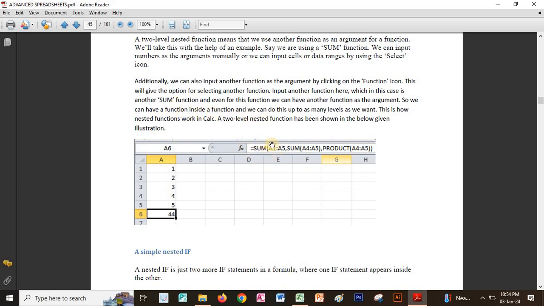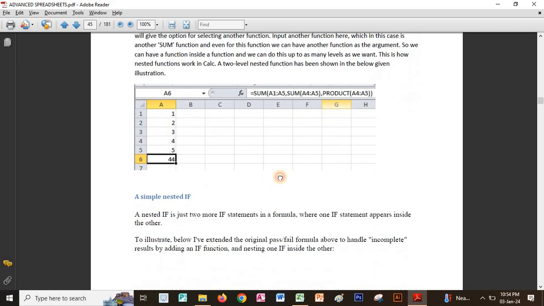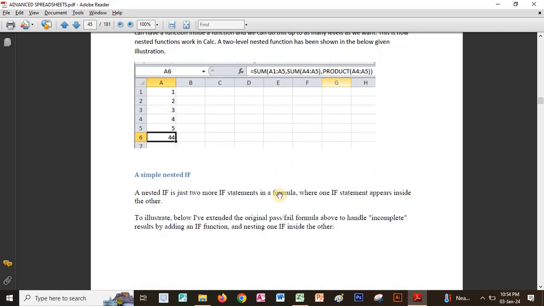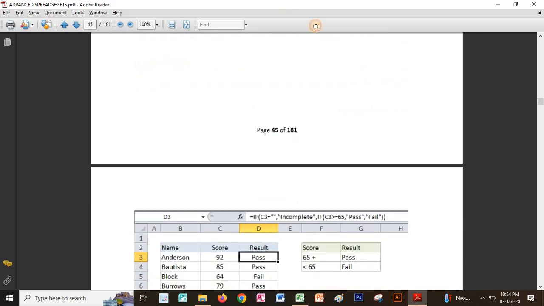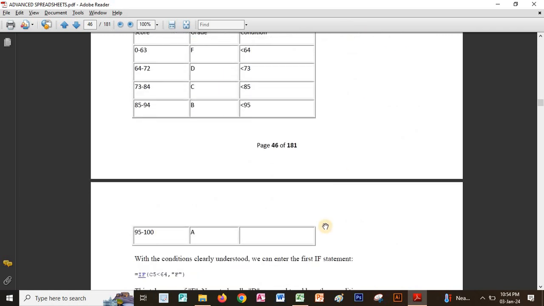If the second function in the nest has a function inside it, then that is a third reference. Like that, you can have functions inside each other to the end.